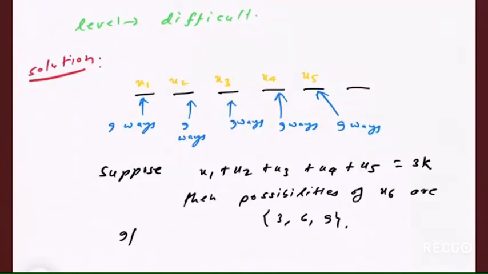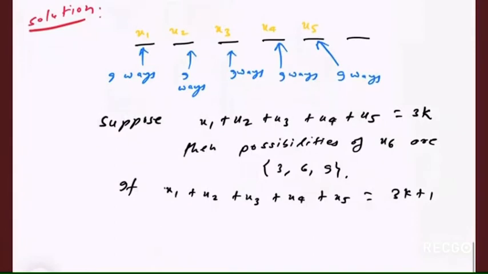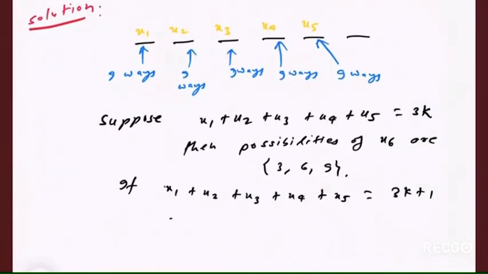Similarly, suppose that the sum of the first five digits is equal to 3k plus 1. In that case, the sixth digit must be either 2 or 5 or 8, so that the sum of all six digits is divisible by 3, in order that the number should be divisible by 3.